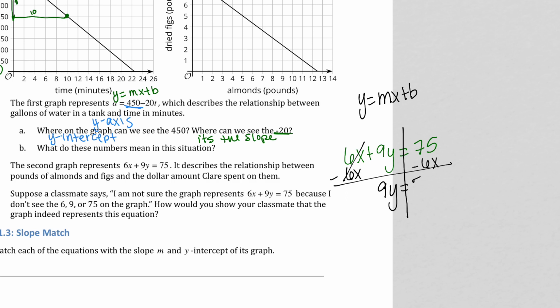So 75 minus 6x. Or we could put negative 6x plus 75. We can't combine those because one term has an x and the other does not.